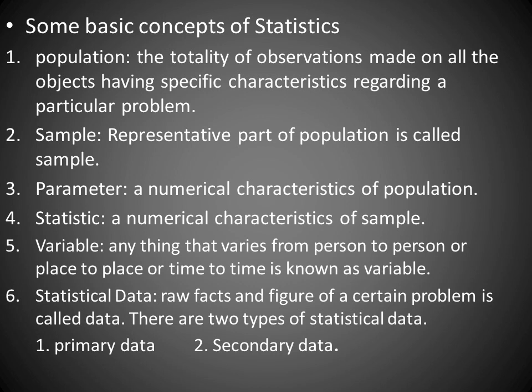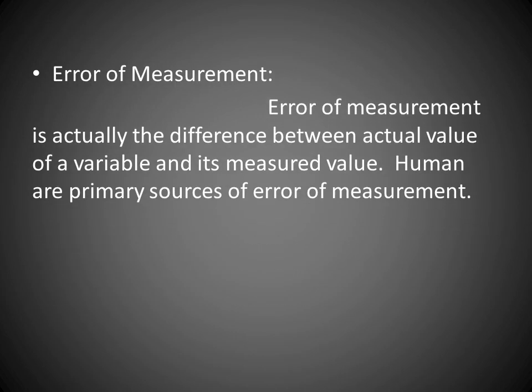Now, one more basic concept of statistics is measure of error, the error of measurement. What is error of measurement? It is the difference between the actual value of a certain thing and its measured value. Humans are the primary source of error of measurement.